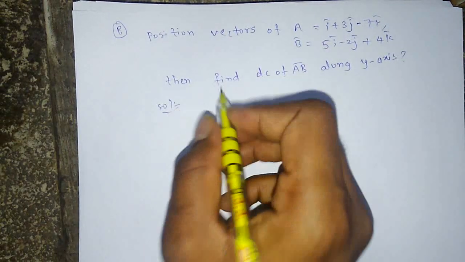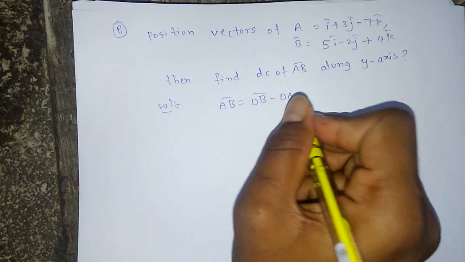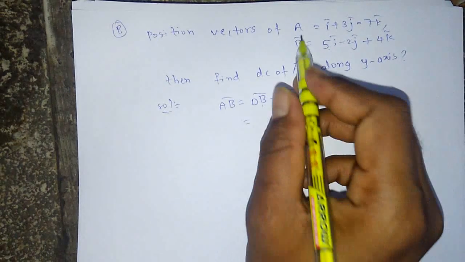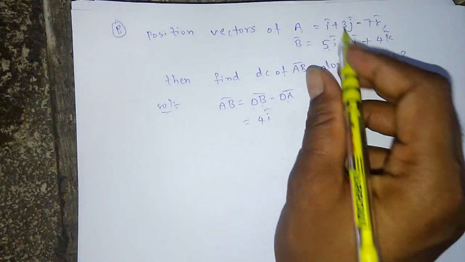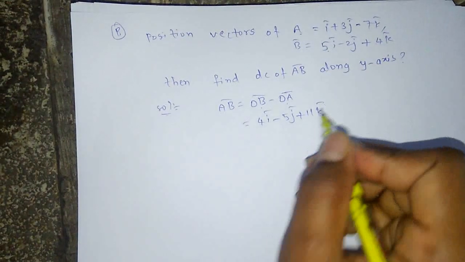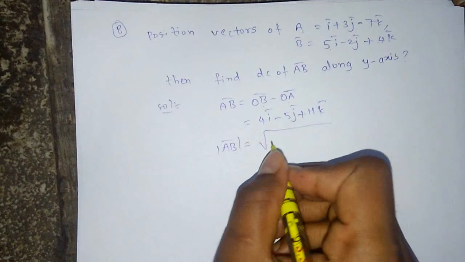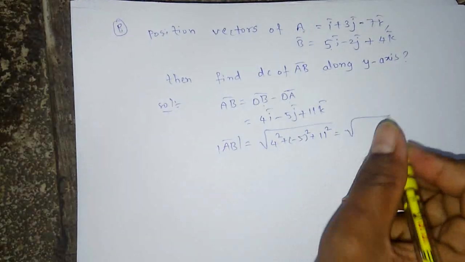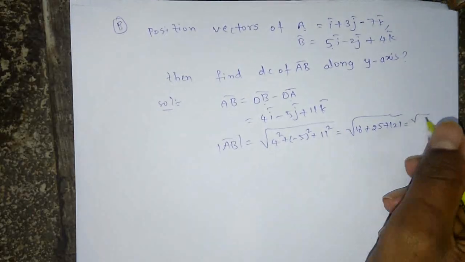So for that, first we need to find AB bar. AB bar is equal to OB bar minus OA bar. OB bar is the position vector of B bar, OA bar is the position vector of A bar. So OB minus OA means 5 minus 1, 4i, minus 2 minus 3, minus 5j, 4 plus 7, that is 11k bar. Now to find the DCs, find the magnitude, that is mod AB, root of 4 square plus minus 5 square plus 11 square, 16 plus 25 plus 121, that is equal to root 162.